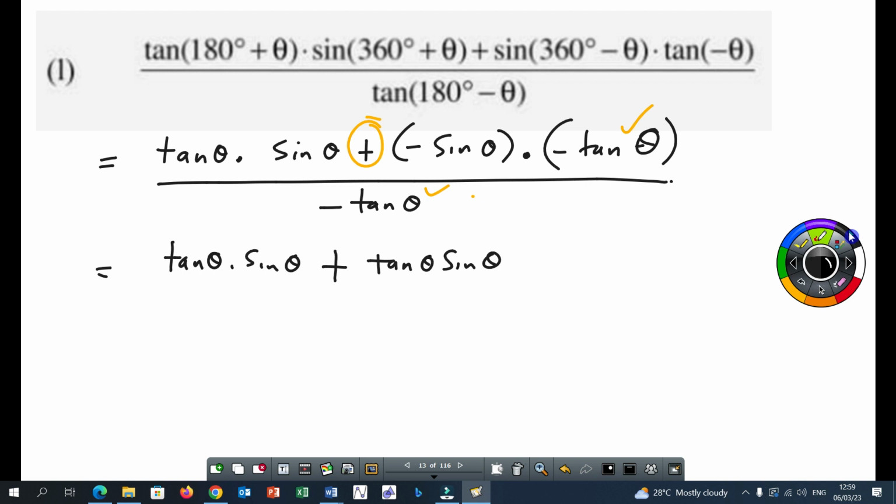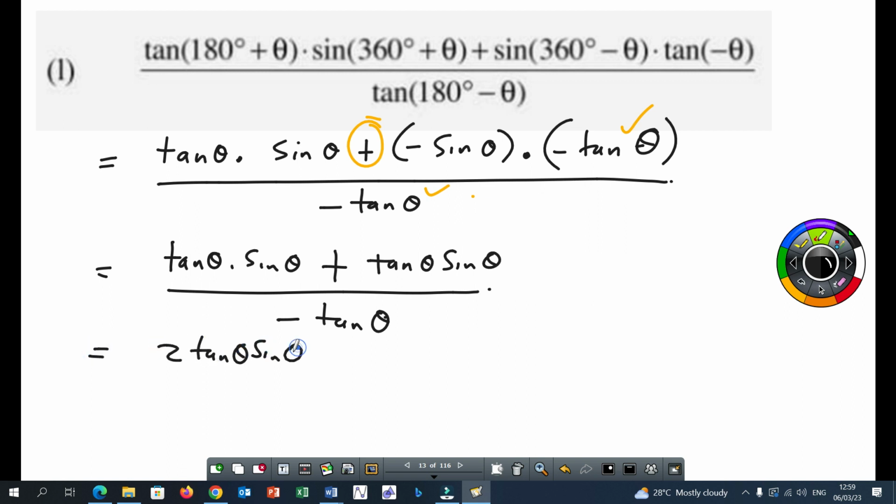Right? So our denominator here is minus tan θ. Now our numerator, those two terms are like terms. I hope you can see it. It's like xy plus xy. That will give you what? 2 tan θ times sin θ over minus tan θ. This will be equal to, now you can cancel the two tan terms.